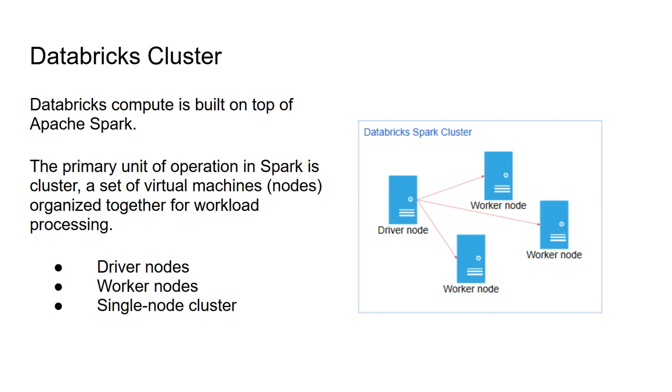Now there are sometimes single node clusters where one node will behave both as a driver and a worker, but this is extremely rare and only used for development or educational purposes. You should expect to see a multi-node cluster when you start your work.